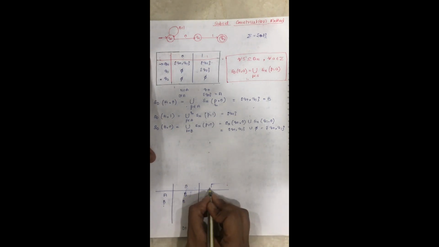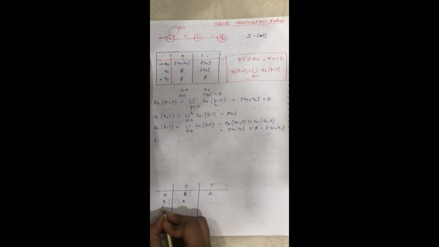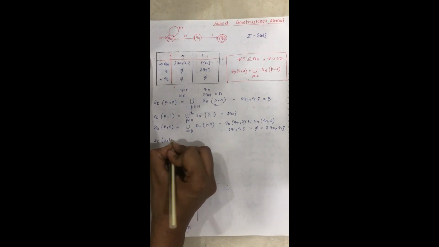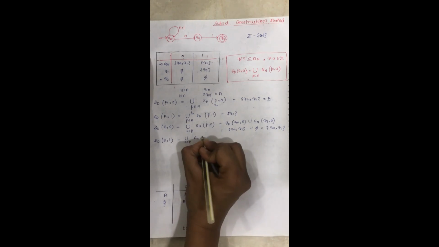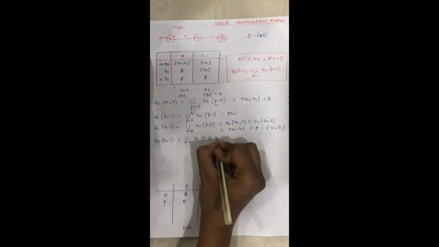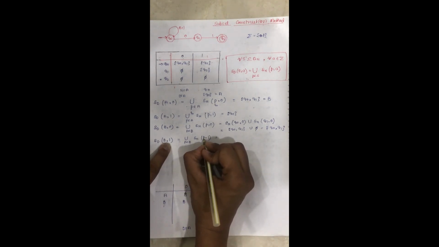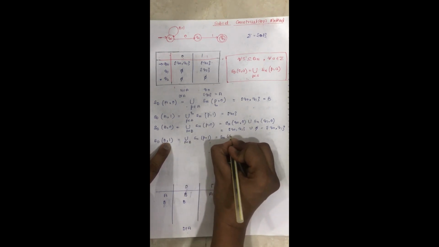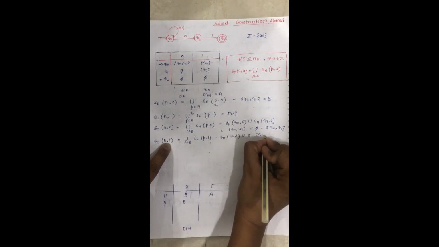Now at B for input symbol 1, again we'll apply this. That is delta D, state B and input symbol 1. So this will be the union over P belonging to capital B of delta N, P comma 1. In B the elements are Q naught and Q1, so we write delta N, Q naught comma 1, union delta N, Q1 comma 1.